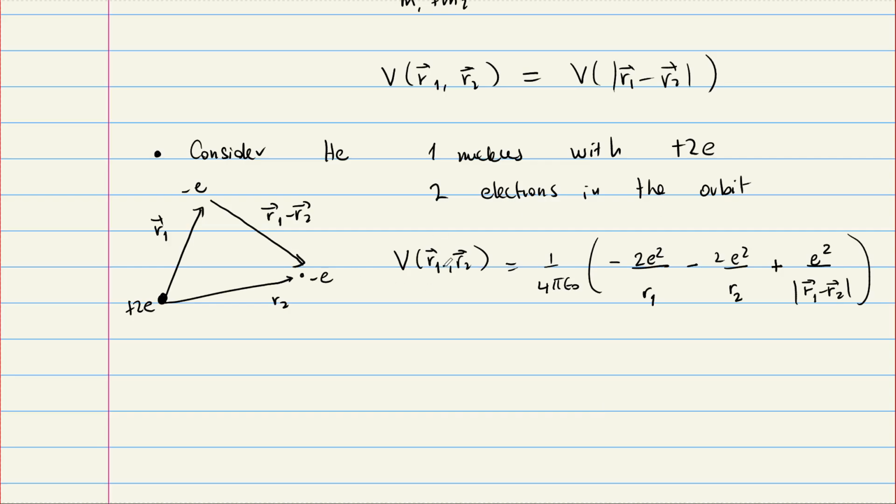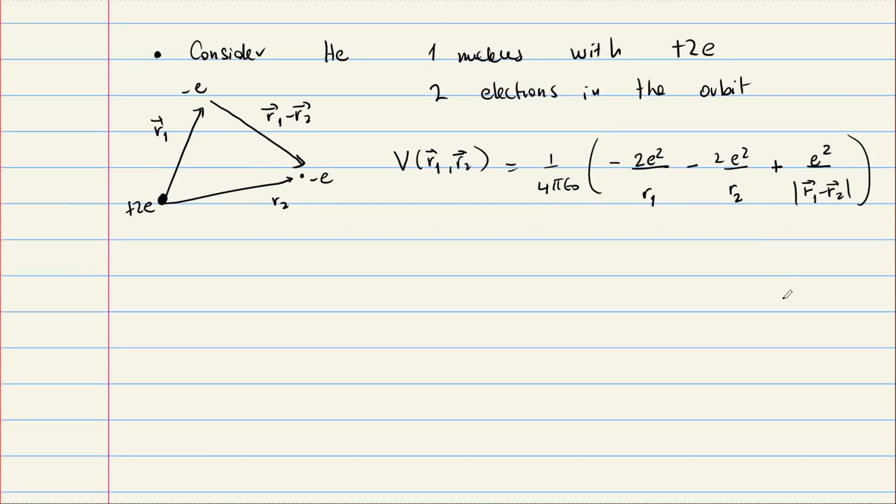Because now this V of R1 and R2 is not only a function of R1 minus R2, it also depends on R1 and R2 themselves, right? In a central potential, I need to have only this dependence and nothing else. Of course, it is central in some other sense, but that's not what we mean. Good.